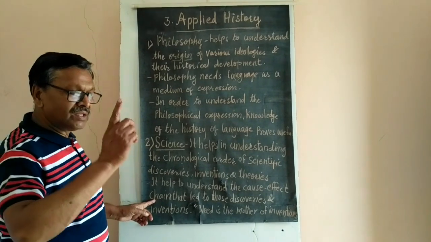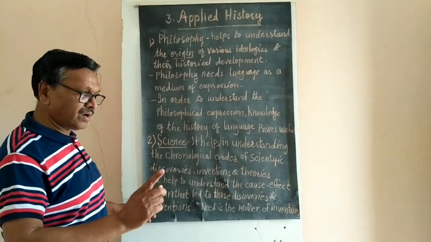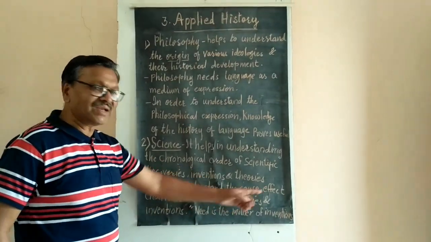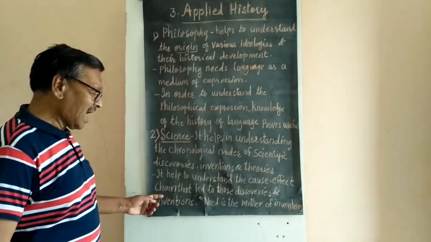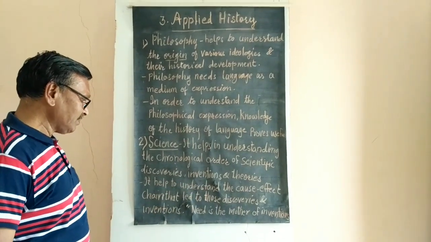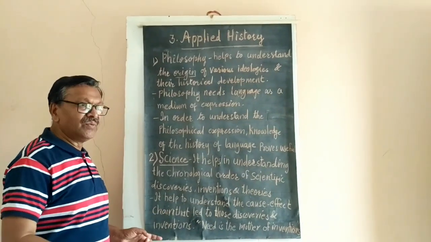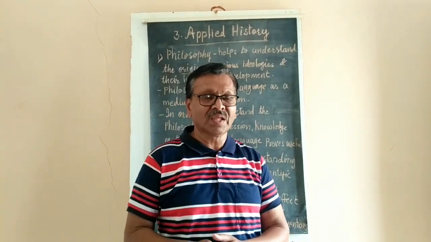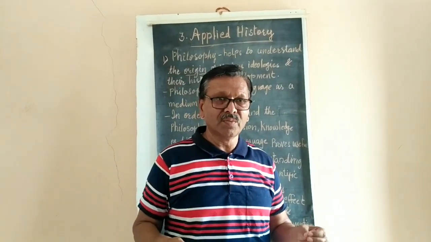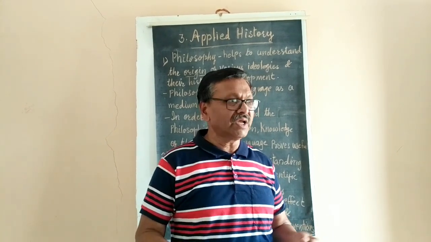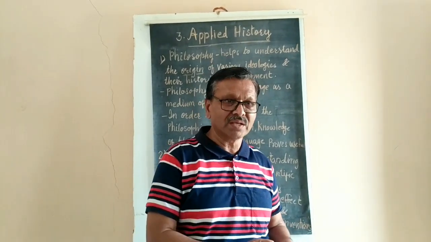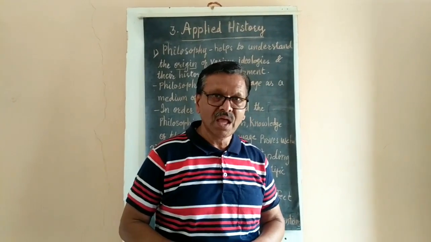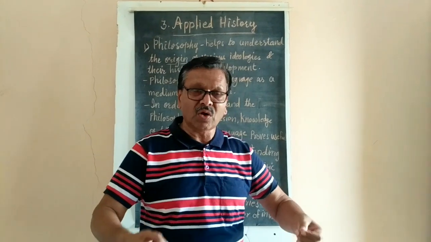So finally, when the vaccine for COVID-19 is discovered, it will have the cause-effect chain, and then the discovery and the invention. Today's newspaper says that the BCG vaccine was administered to a person affected with coronavirus, and the experiment is going on.